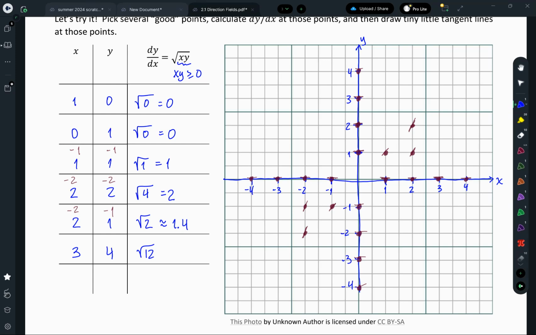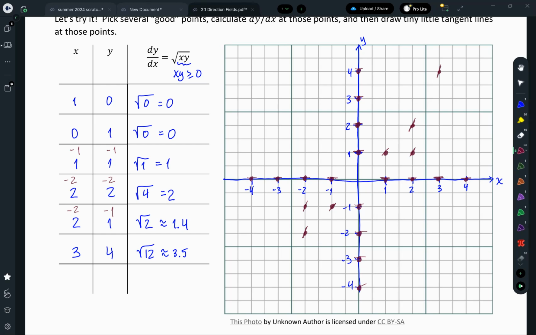So I'm pulling out my calculator right now to just give me a decimal approximation of about 3.5. It's 3.464101615. 3.5 is close enough. So I go to the point 3 with 4, and I have a wicked steep slope. Like, trying to draw it, it's almost vertical.